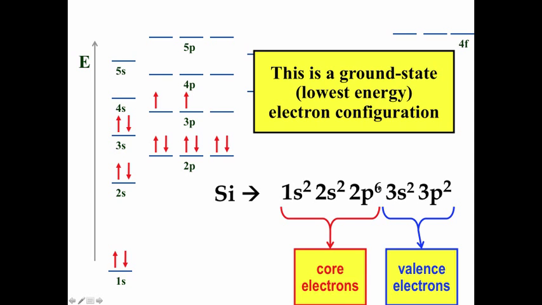So one less in the 2p and one more in the 3p. That would be immediately recognizable as a not ground state electron configuration because that's not the lowest energy electron configuration that silicon could have.